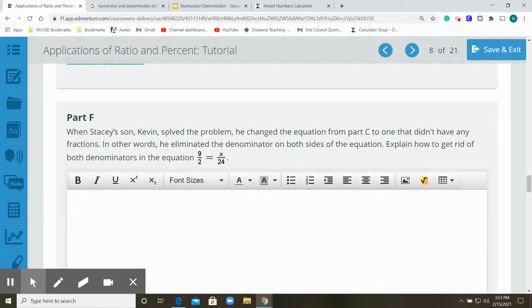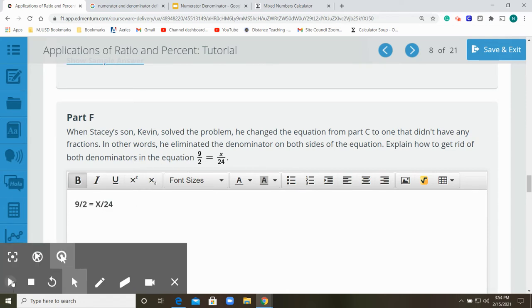When Stacy's son Kevin solved the problem, he changed the equation from part C to one that didn't have any fractions. In other words, he eliminated the denominator on both sides of the equation. Explain how to get rid of both denominators in the equation.